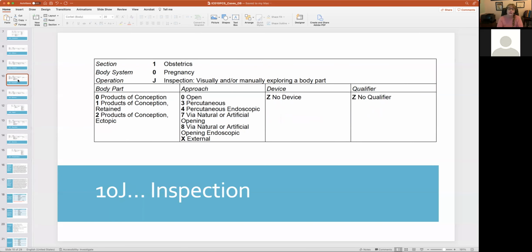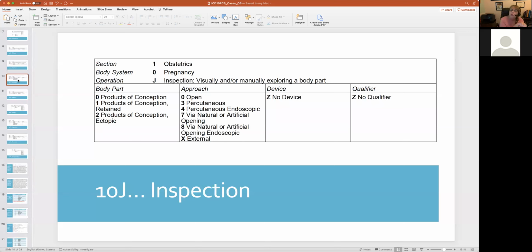Inspection is the next root operation term in this section. And again, we have 3 choices in the body parts, but notice they all begin with products of conception. This is I spy with my little eye what?